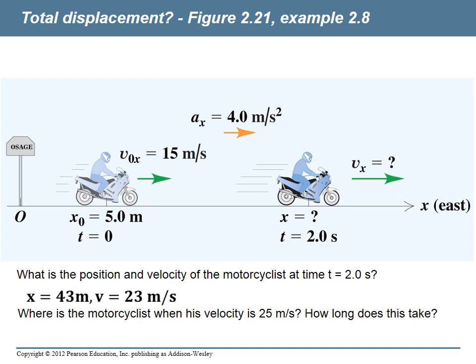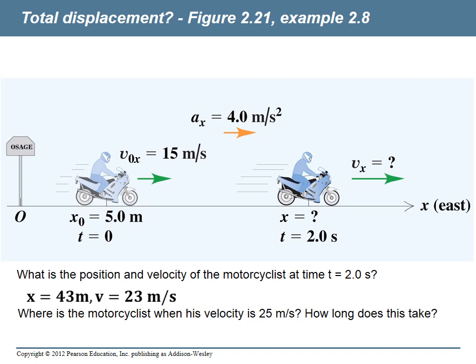Where is the motorcyclist when his velocity is 25 meters per second? So we can change these equations around quite a bit, and that's something that we have to get used to with physics, is that there's a lot of variables in these equations, and we can be given one thing and solve for many others. So we can also find out, if we knew the velocity is 25 meters per second, where is he and how long does it take him to get there?